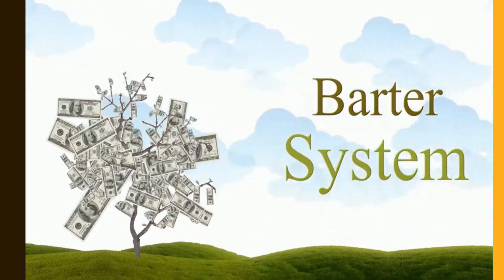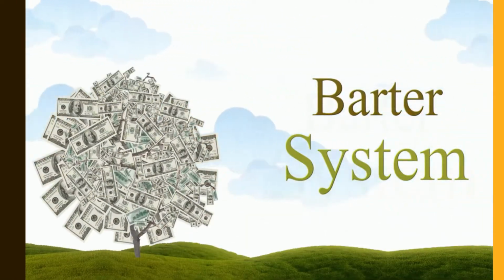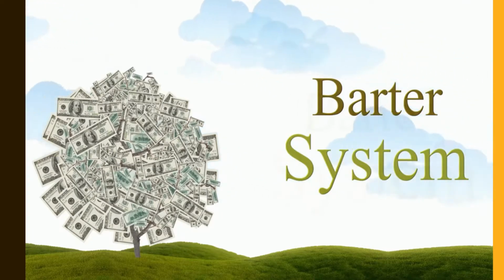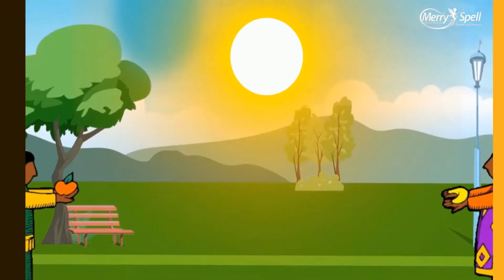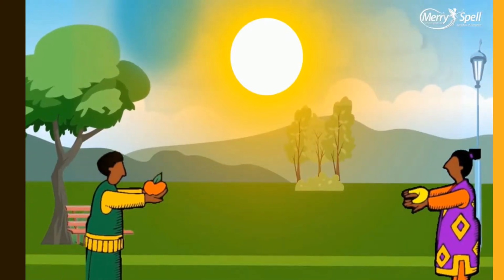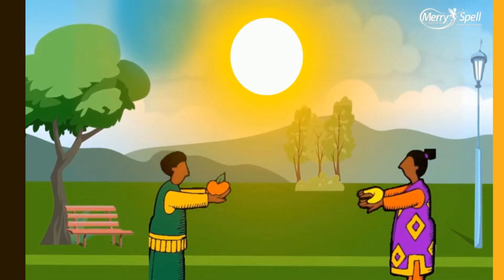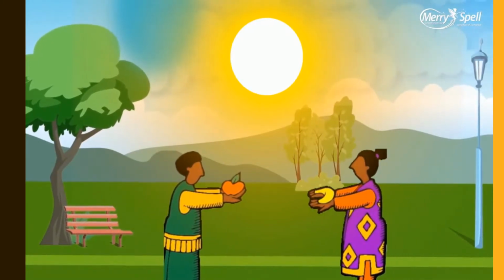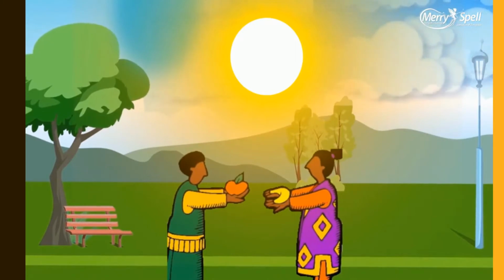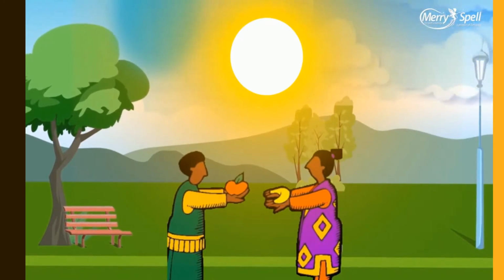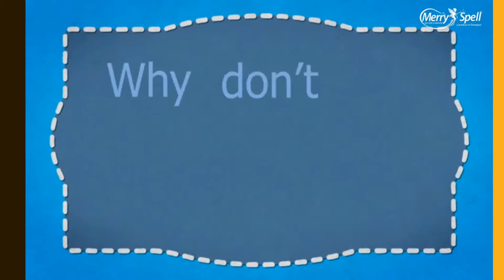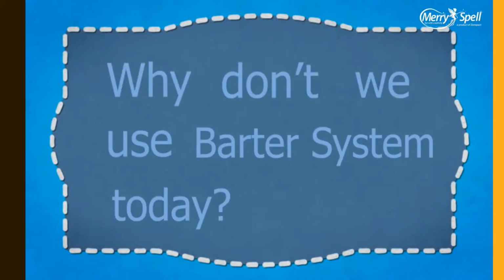Barter system. In trade, barter is a system of exchange where participants in a transaction directly exchange goods or services for other goods or services without using a medium of exchange such as money. Why don't we use barter system today?